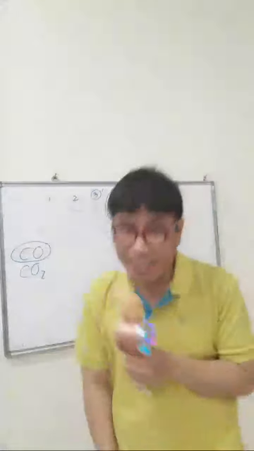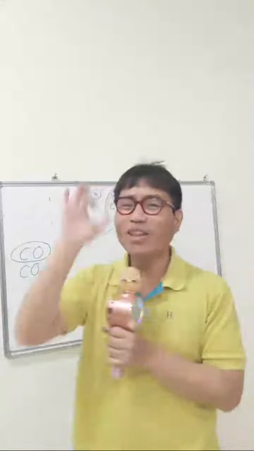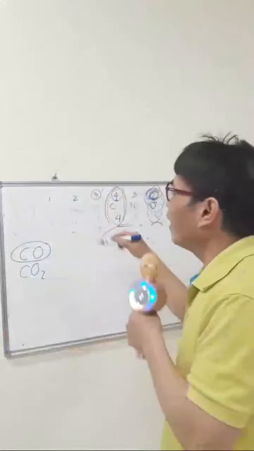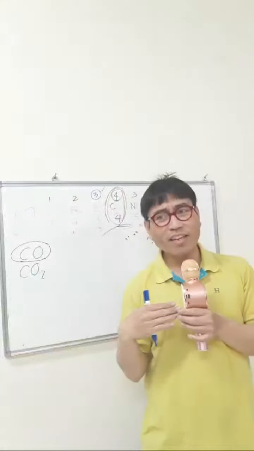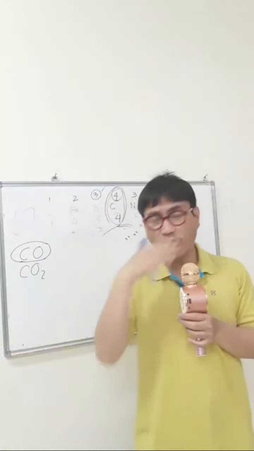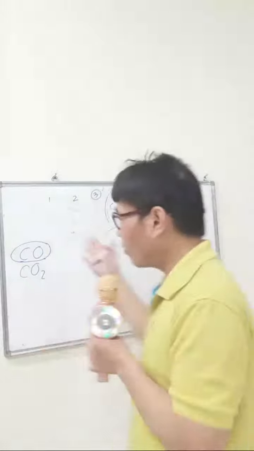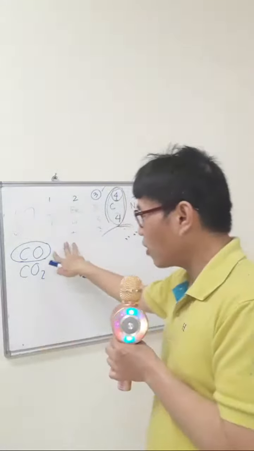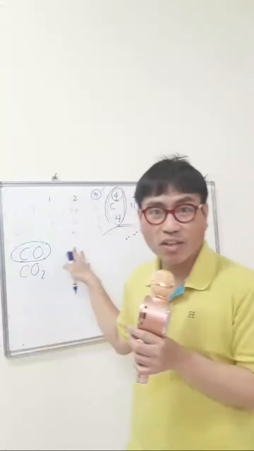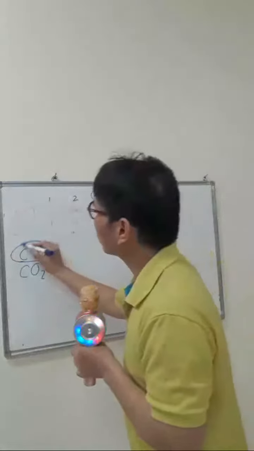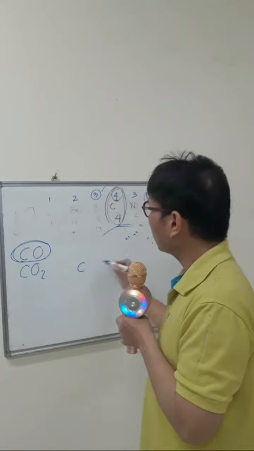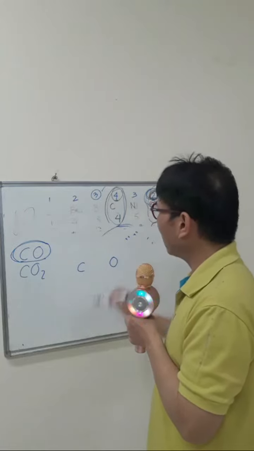Carbon is the same. Central atom is not an issue. Just like OH, right? But the only difference, this has no formal charge because these are neutral compounds. There's no charge. Okay? That's carbon monoxide. Carbon, oxygen.